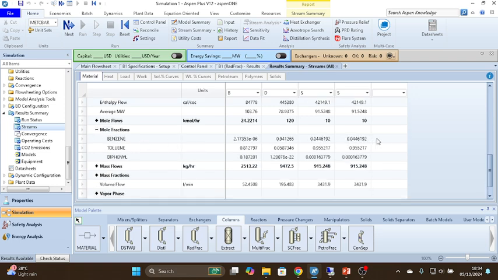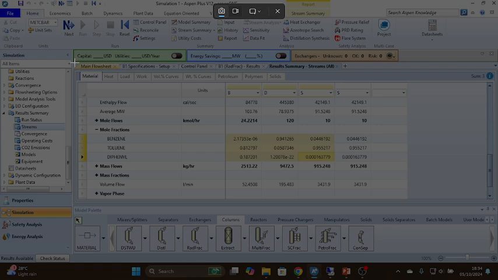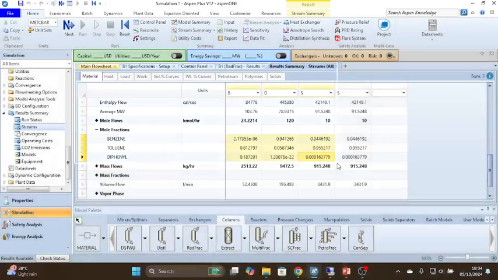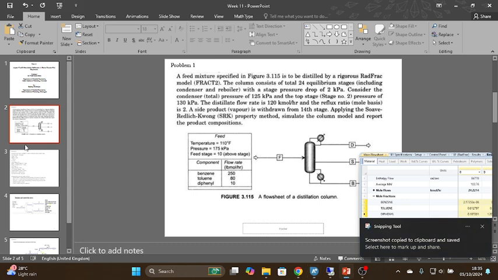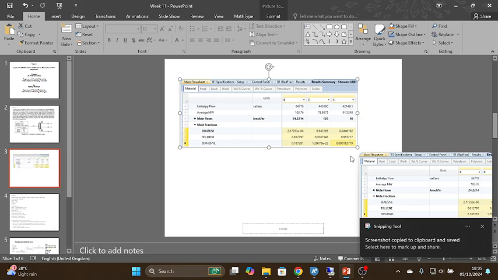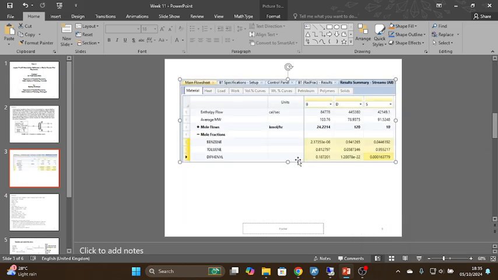So these are the product compositions for the product streams. So this is the answer.